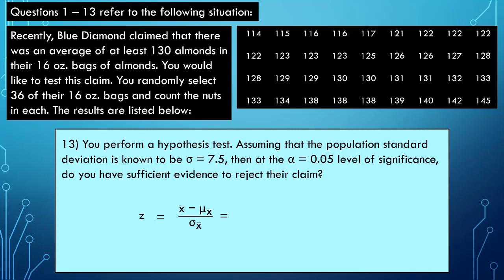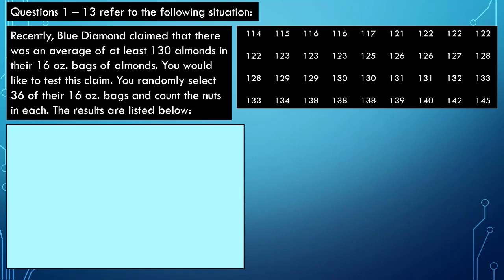We were just told that sigma was 7.5. And the square root of n is the square root of 36. So that's negative 2 over 7.5 over 6, which is negative 1.60. That's our z-score. So we need to go to the standard normal table and locate that z-score.